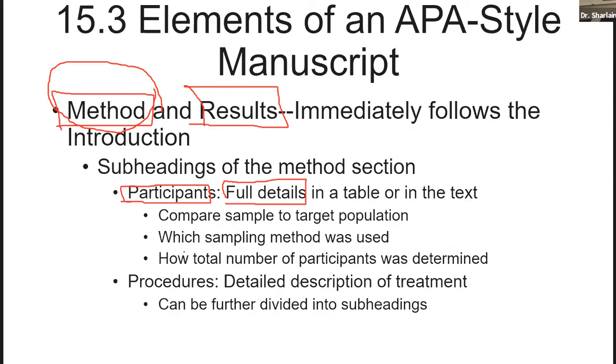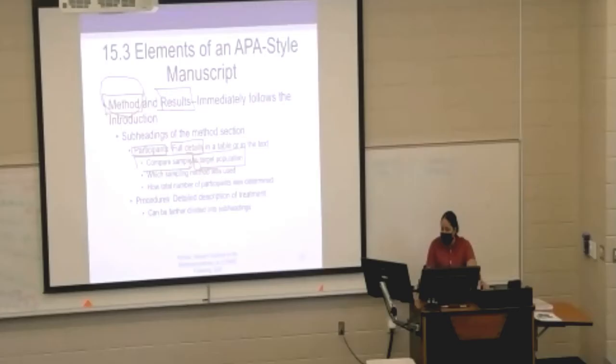What you want to do in this description is also compare your sample to that target population. What does that mean? It means that you have grabbed a sample when compared to a greater population.